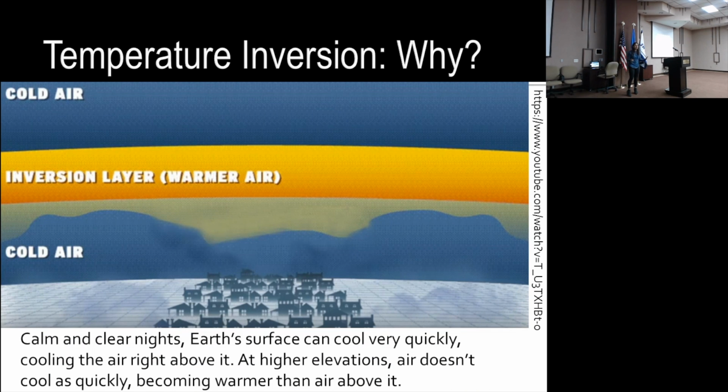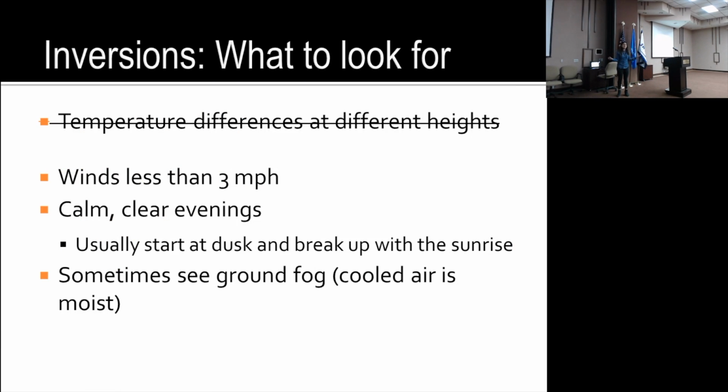It happens on calm, clear nights when we have really rapid cooling of the Earth's surface. At higher elevations, the air isn't cooling as quickly, and that's why we see those differences in air temperatures.